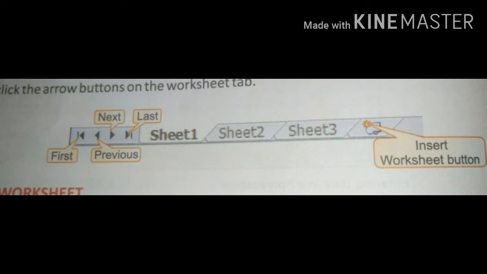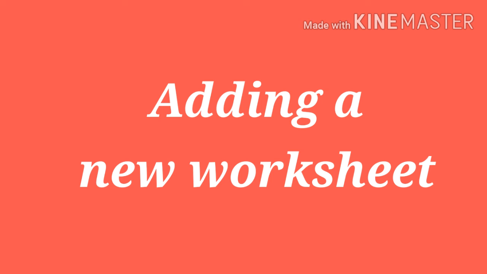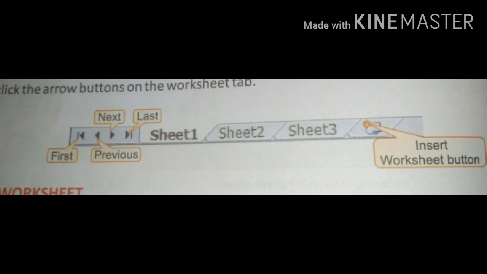Next, adding a new worksheet. To add a new worksheet, select the sheet before which you want to place a new worksheet. Right click on the sheet tab and select the insert option. The insert dialog box appears. Select the worksheet option and click on OK.